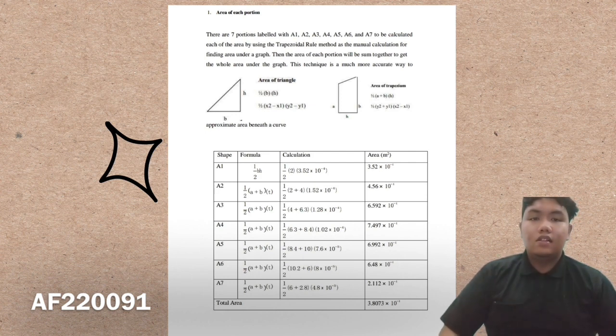The first one is the area of a triangle, which is 1/2 b times h, and the second is 1/2 (x2 minus x1) times (y2 minus y1).